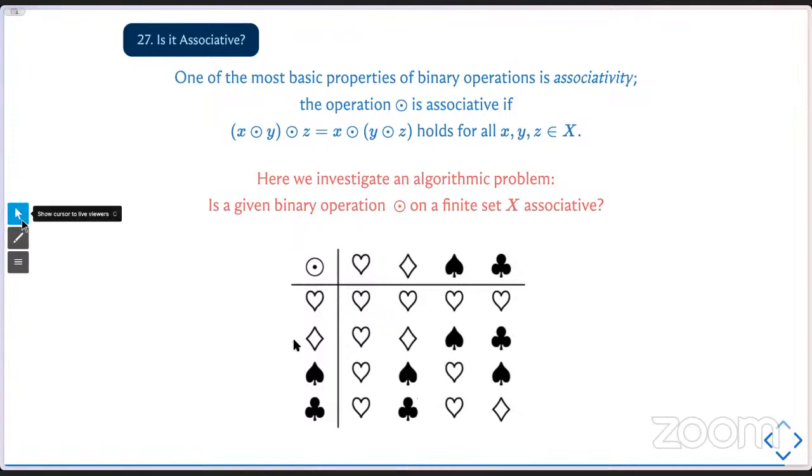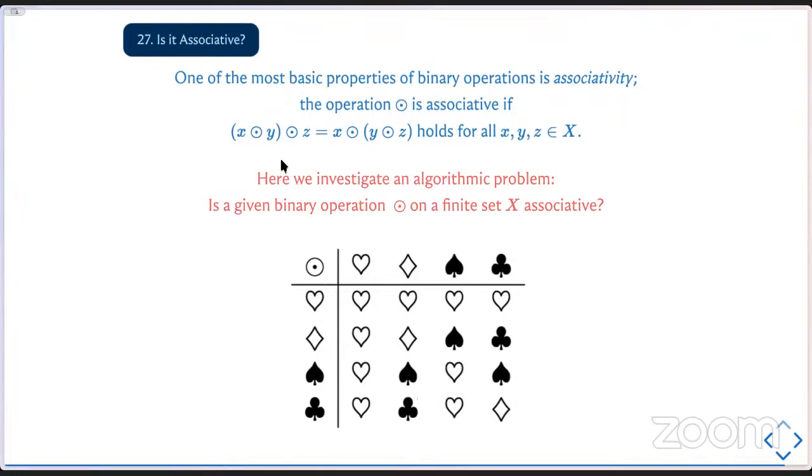The binary operation acting on two things would just be: look at the row indexed by the first thing, the column indexed by the second thing, and whatever you read off here is the outcome of the operation. So that's how the binary operation is specified.